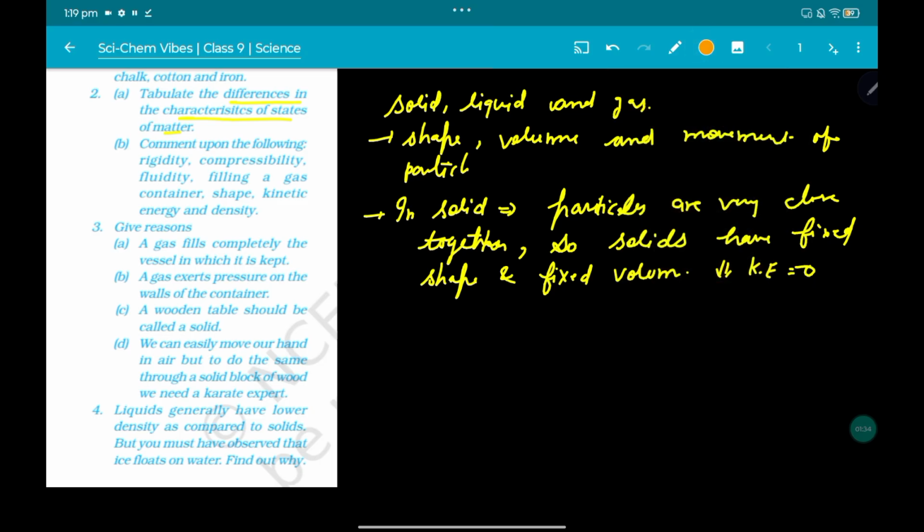Next, in liquids, we know that the particles are loosely packed, which means there is some space between them.